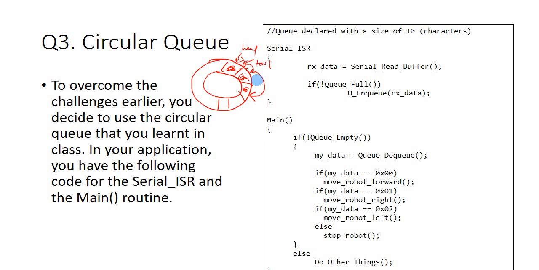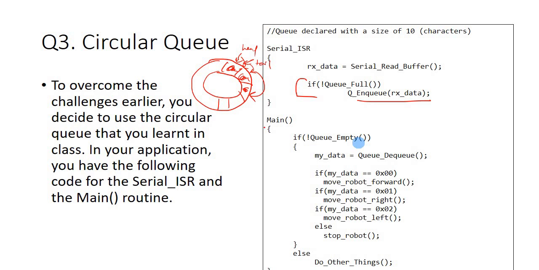I think in the lecture slides we have gone through all of this, so I'll not repeat that. The code is still fulfilling the same objectives. The only difference is now I'm using a circular queue to manage my data. What you see here is in the interrupt, I check whether the queue is full. If the queue is not full, I enqueue the data, that means I take the data, put it onto the queue, then I adjust my tail pointer.